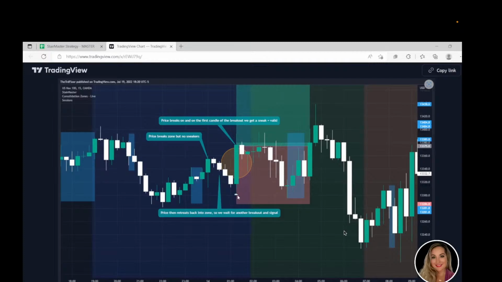Then the sneaker prints and it breaks out of this box area. If we were to draw our support and resistance areas here, you would see that this sneaker would break out of that zone. So price does break out of this previous zone to the left, and the first candle that actually breaks out of it, again, you do get the sneaker, so that is a valid trade.